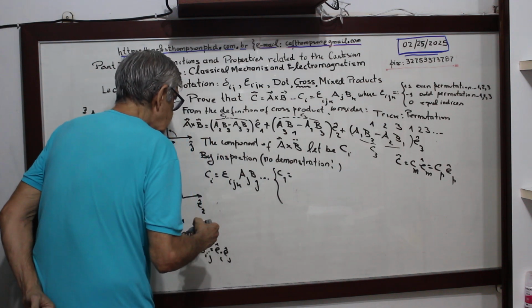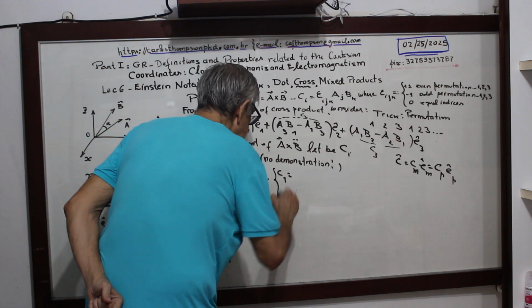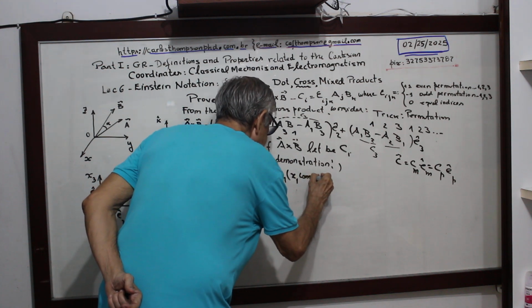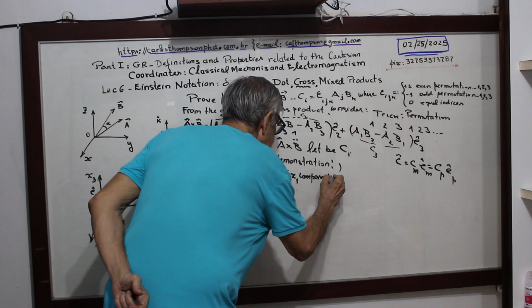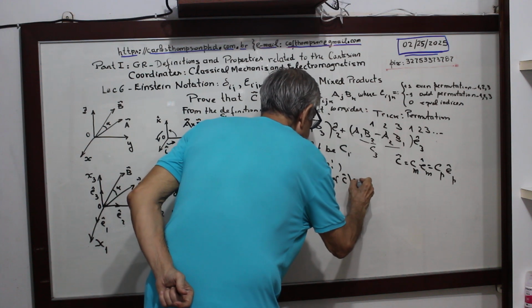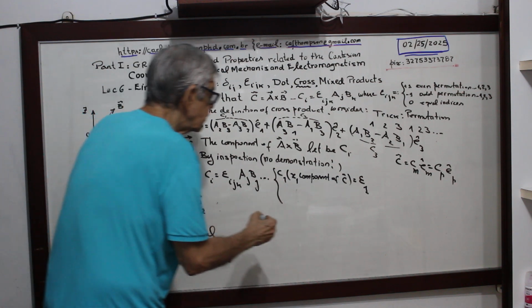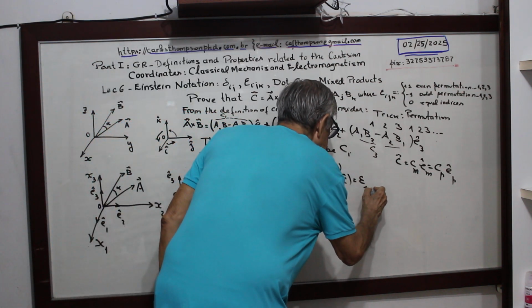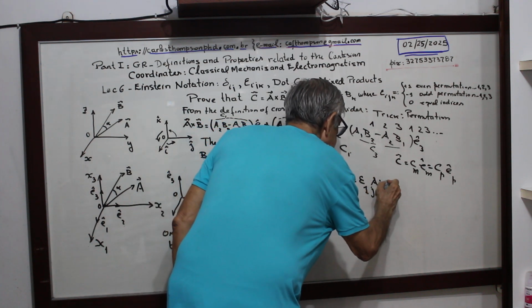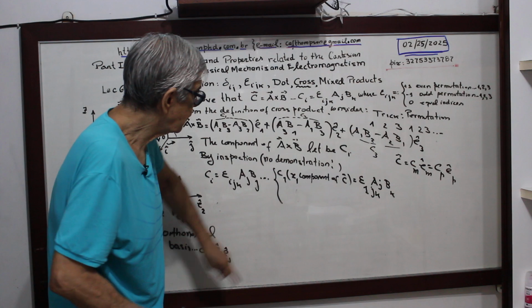The x1 component of vector C. I think then I write here x1 component of C. This is equal epsilon 1, J, K, AJ, BK. Look at that. Look how simple.